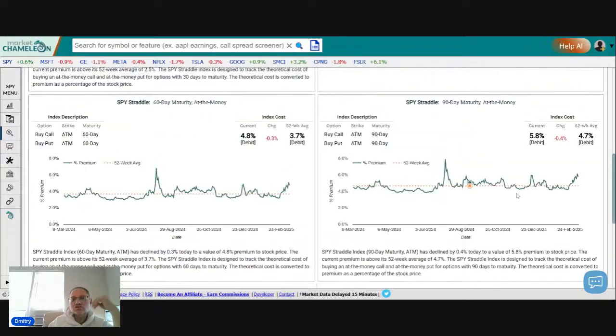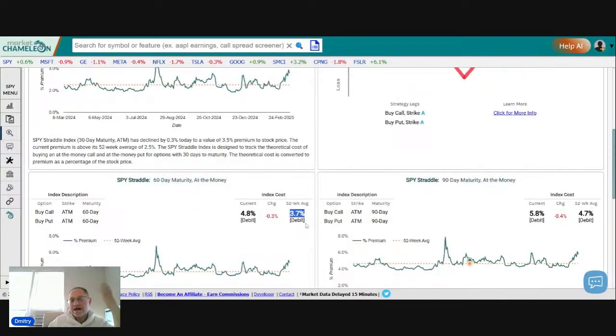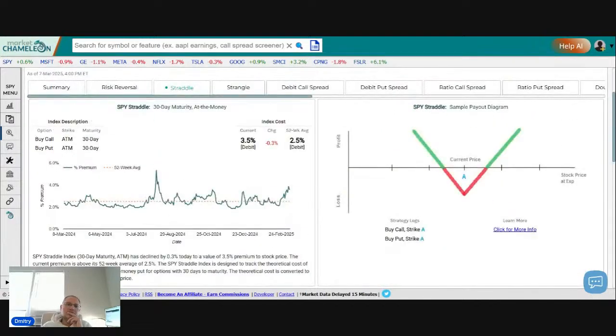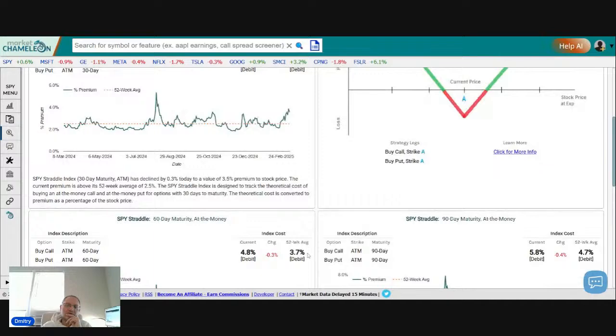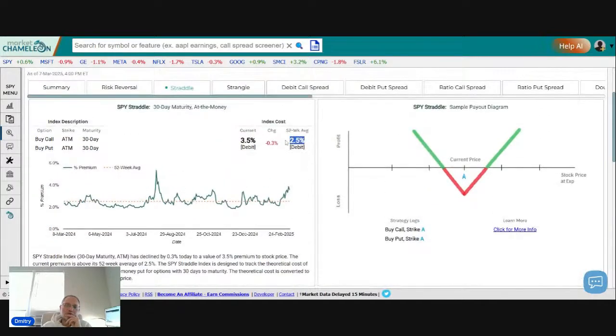Well, this gives us a sense of the risk. On average, a 60-day straddle is 3.7%, and eventually the 60 days will become 30 days. Tomorrow will be 59 days, 58, 57. So how much are we looking at to potentially lose on that straddle if we get back to the same spot? From 60 days, in 30 days, we're looking at, on average, a decrease of 1.2%.